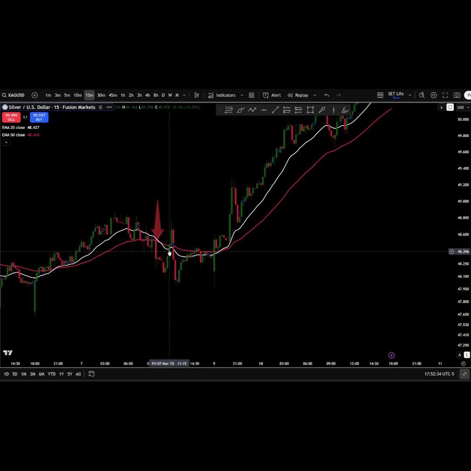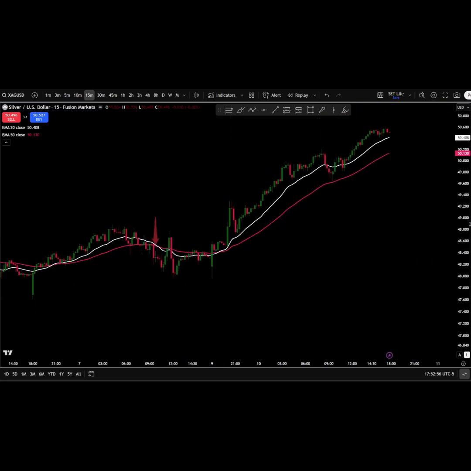Now you see over here, we have crossing, and we can use them as a resistance at this point. And then it broke out, and then it came back down, going back down to near the same levels.